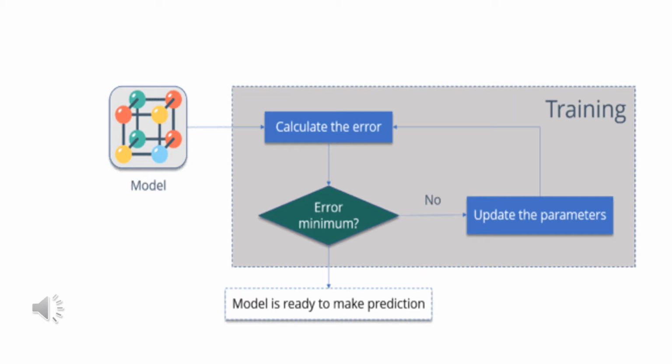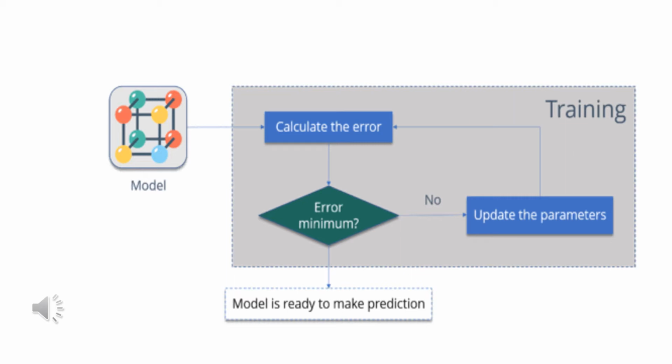Now how will you reduce the error? Basically, we need to somehow tell the model to change the parameters, that is, the weights, such that the error becomes minimum. So let's put it another way: we need to train our model. One way to train our model is called backpropagation.